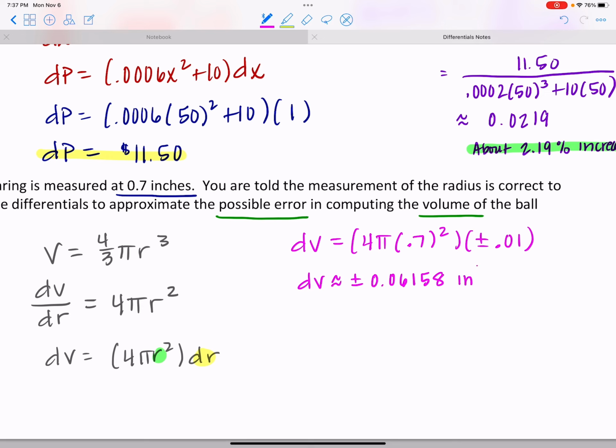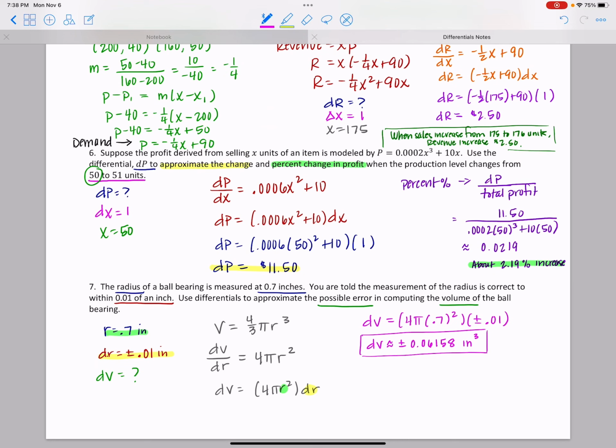And volume would be cubic units, so we'll say cubic inches. So the possible error in the volume is that we're going to be greater or less than expected by 0.06158 cubic inches.